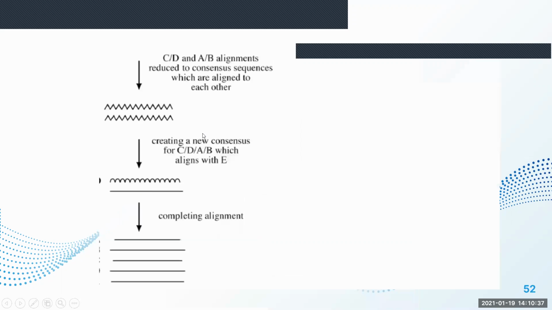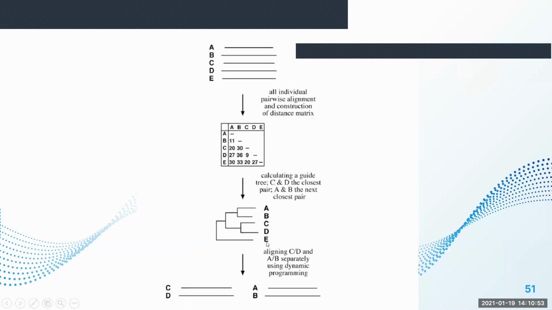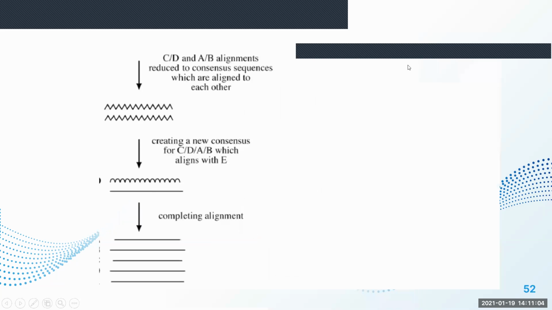Then at the next point, now you have A, B and C, D alignments. Now we have two alignments. Suppose this is A, B, this is C, D. And from the previous slide, you have one sequence remaining, that is E. So you should align A, B together and C, D together with that E. Now you align CD and AB together.